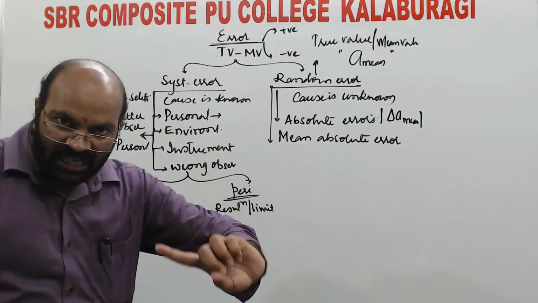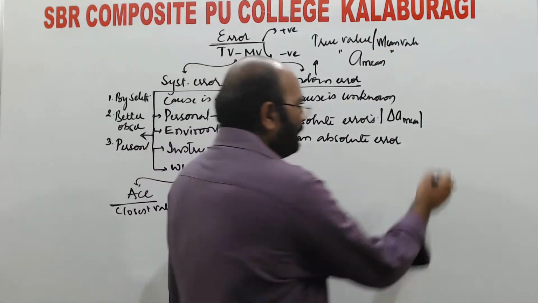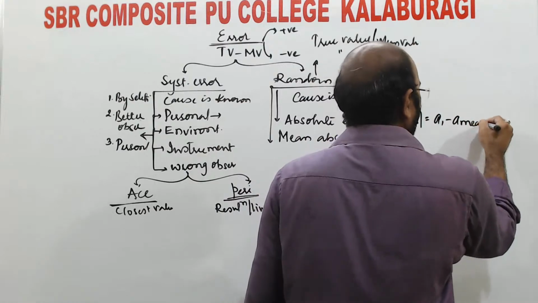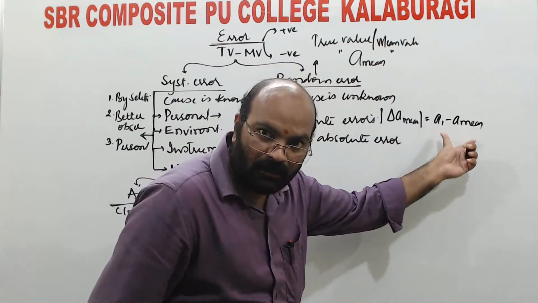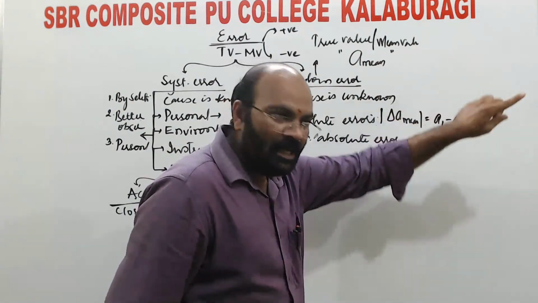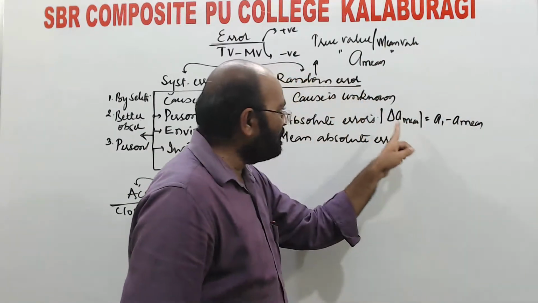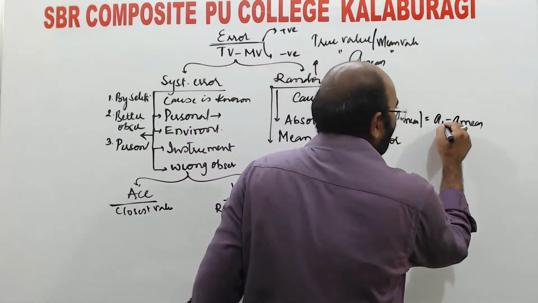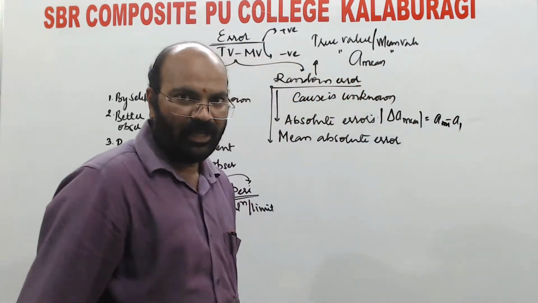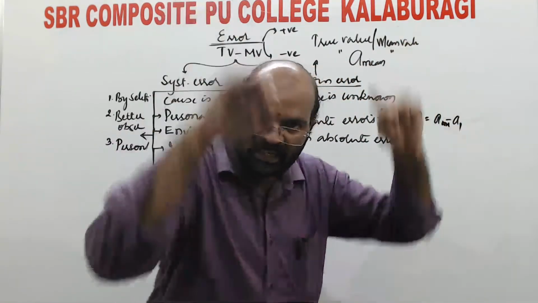In NCERT it is mentioned that this value equals A1 minus A mean. This is for the maximum term we can write. For the minimum, for a generalized condition, we write A mean minus A1. Don't get confused. Both methods are correct.